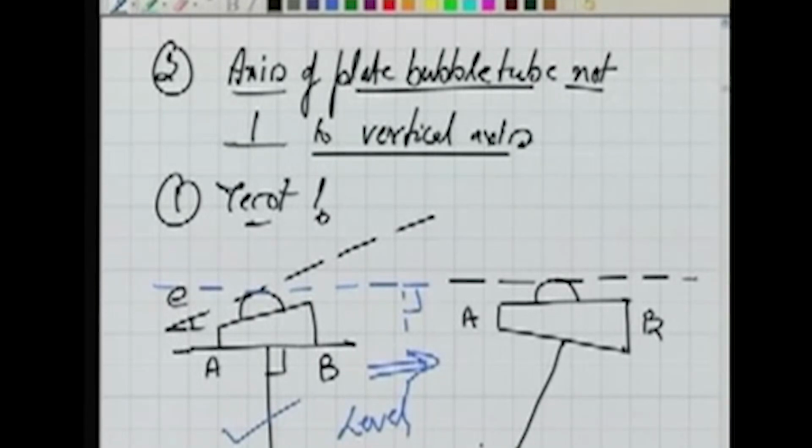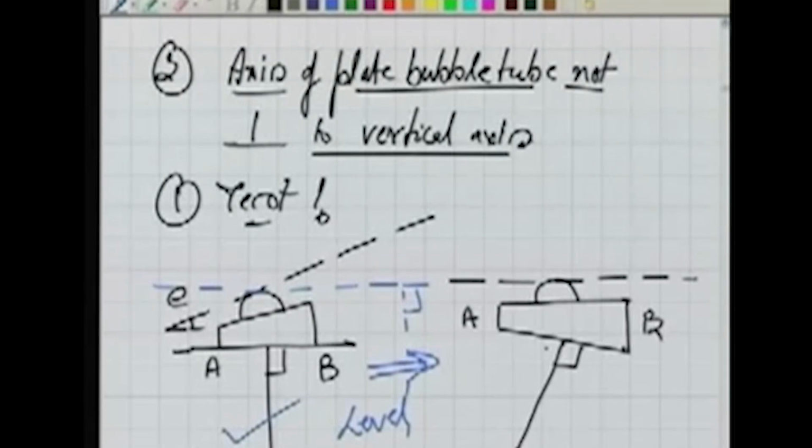If you look at the diagram, this angle remains 90 degrees, because of the construction of the instrument. This is horizontal, but my vertical axis is no more vertical now; rather it has gone eccentric by a value of e. e is the same value by which my plate bubble tube axis is away from perpendicularity with the vertical axis. So, now this is the situation.